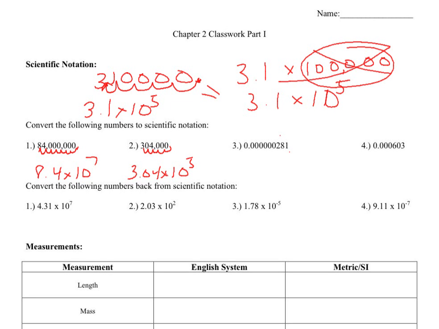For this one, now we're going to have to deal with small numbers. And for small numbers, same idea, but the difference here. For example, this one, our decimal point is here, it needs to be over here.